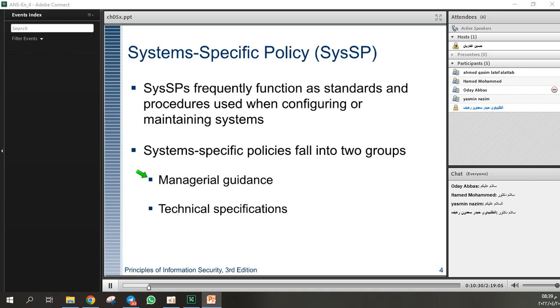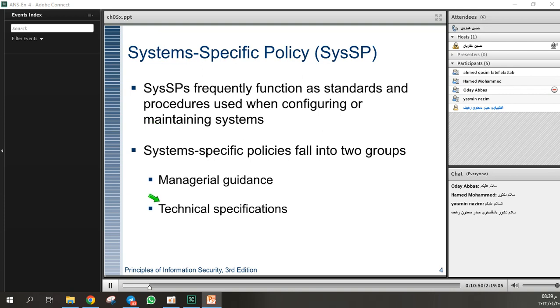Okay, this type of policy can be a managerial guidance or a technical specification. There are two different groups when we talk about system-specific policies.